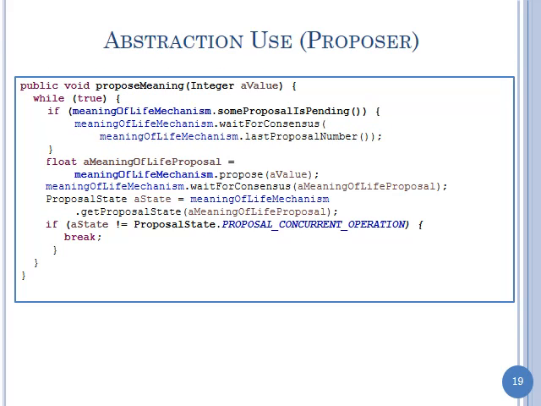I'm not saying this is the right way to do things, because I don't know what the right policy should be, what the application is, whether it can handle concurrent interactions or not. But what am I doing first? I'm saying, look, if some proposal is pending, wait for that to be resolved. Brennan likes that.